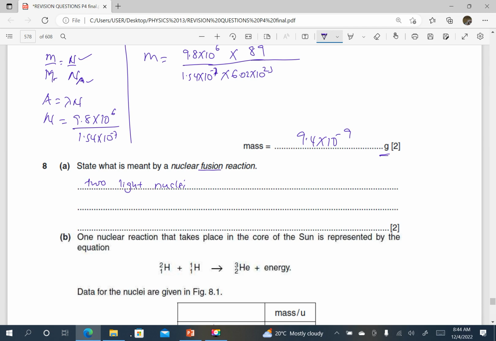Lighter nuclei combine to form a heavier nucleus with a higher binding energy per nucleon.